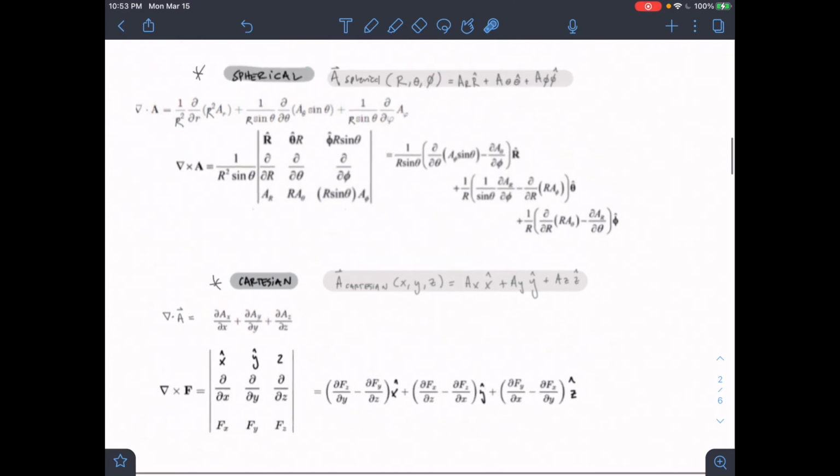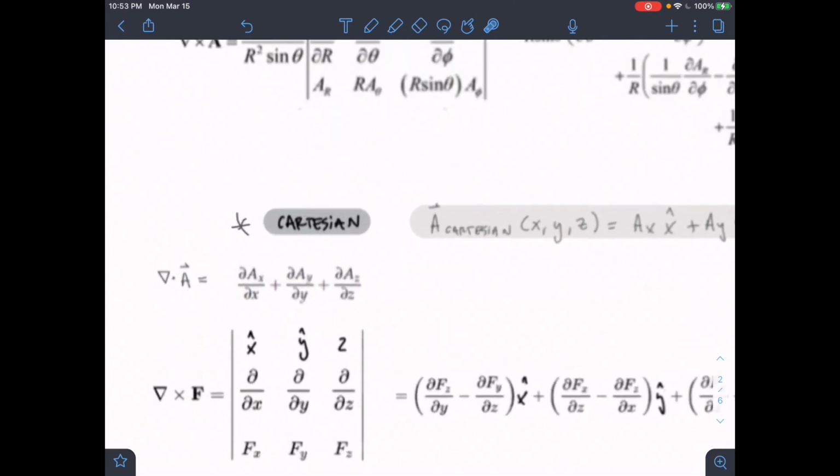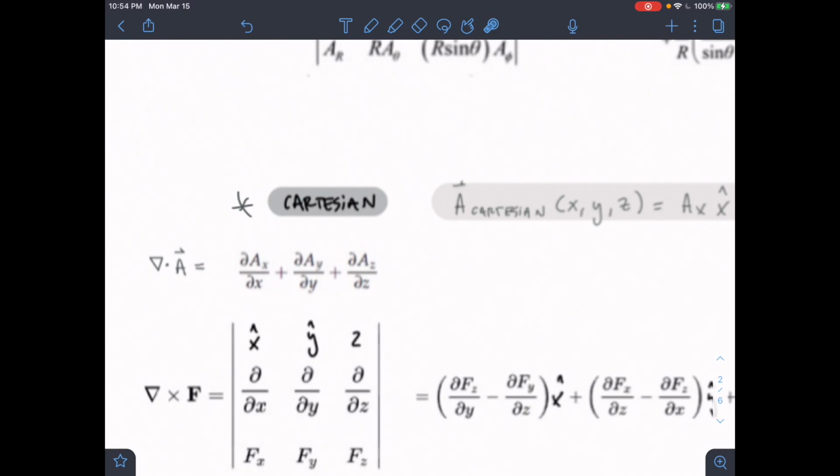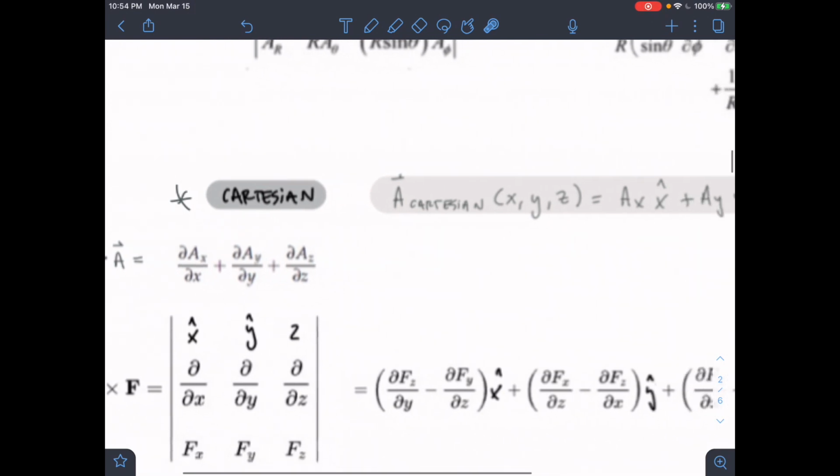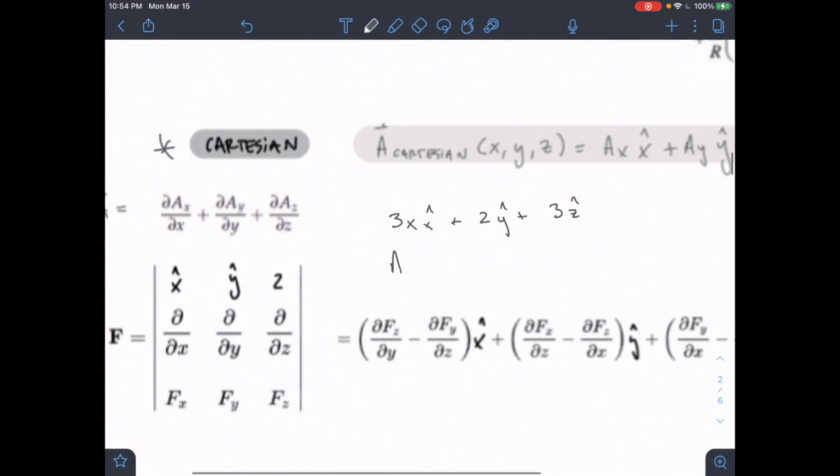Okay, one important thing that I want to note here is these notations. I know it's a little bit difficult to see. These subscripts here, Ax, Ay, and Az, represent magnitudes for a vector. So for example, if I have 3x x hat plus 2 y hat plus 3 z hat, my Ax, Ay, Az are the magnitudes, which means the piece in front of the unit directional vectors.